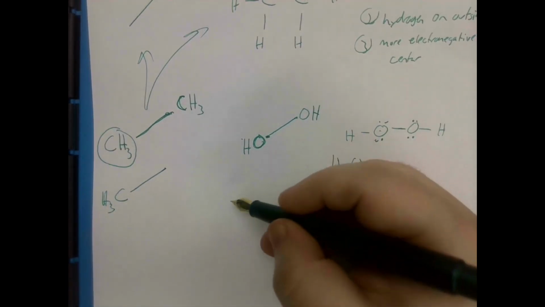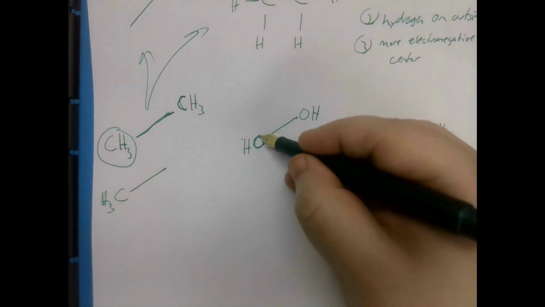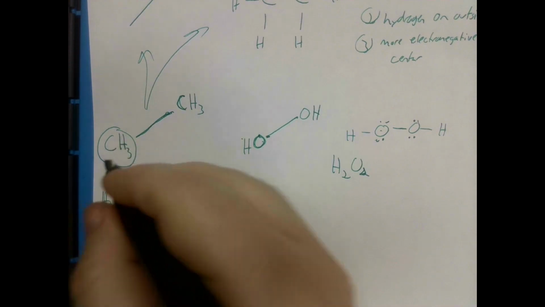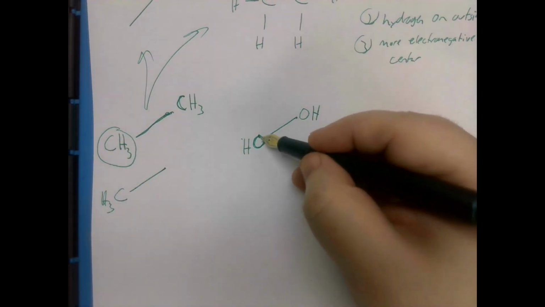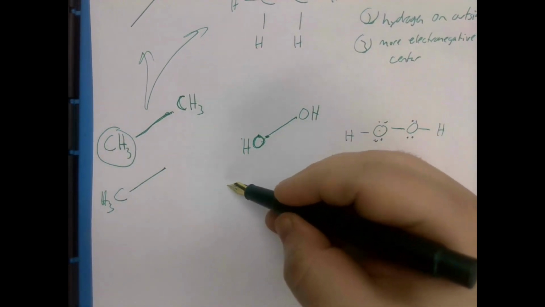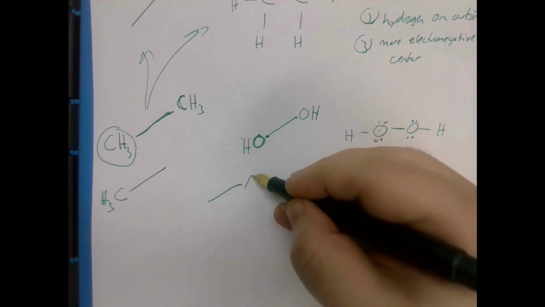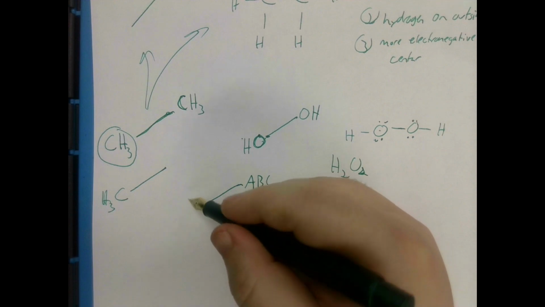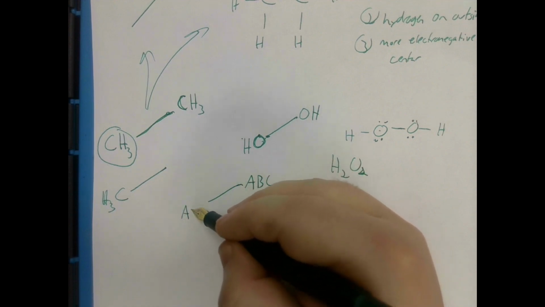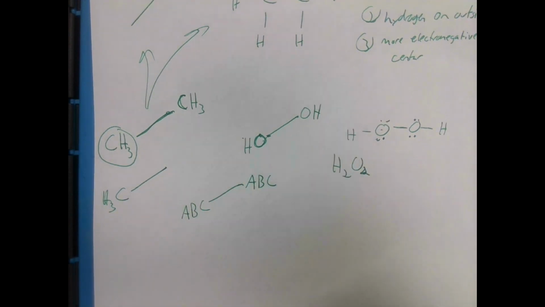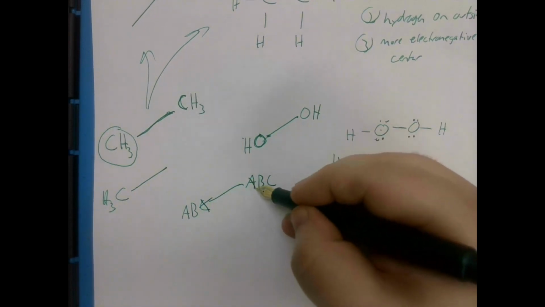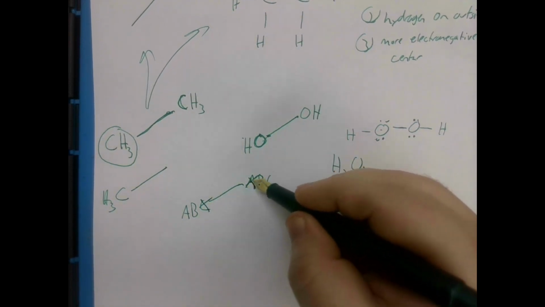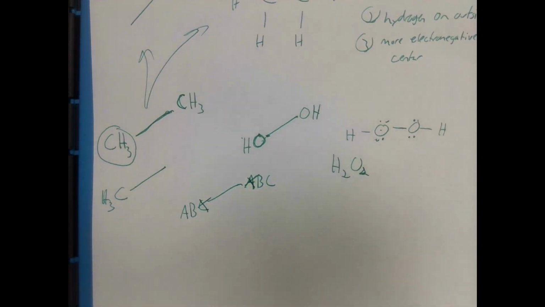If you see a long string, I will manually remove this one because it's an annoying exception. If you have multiple things, like A, B, C, wherever's closest to it is what's going to be bonded right there.